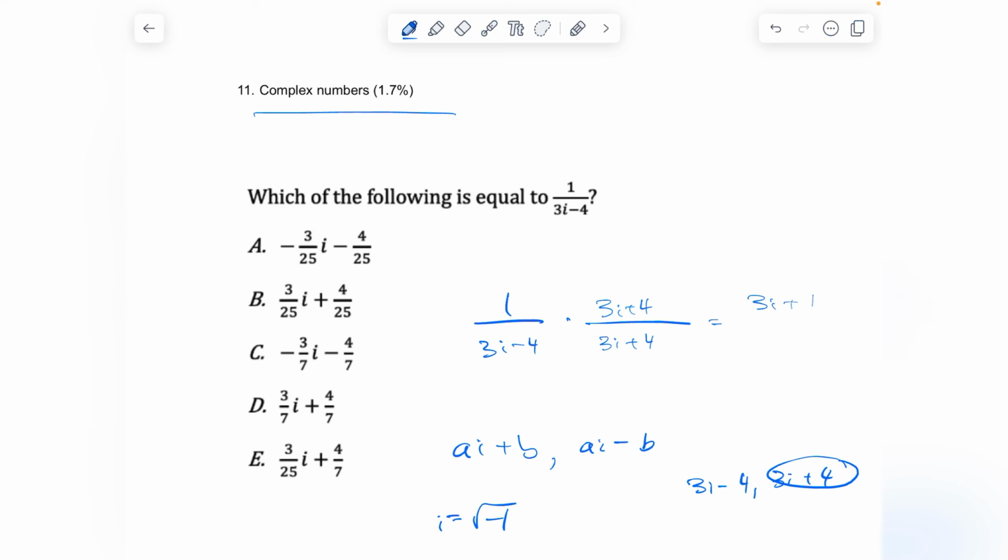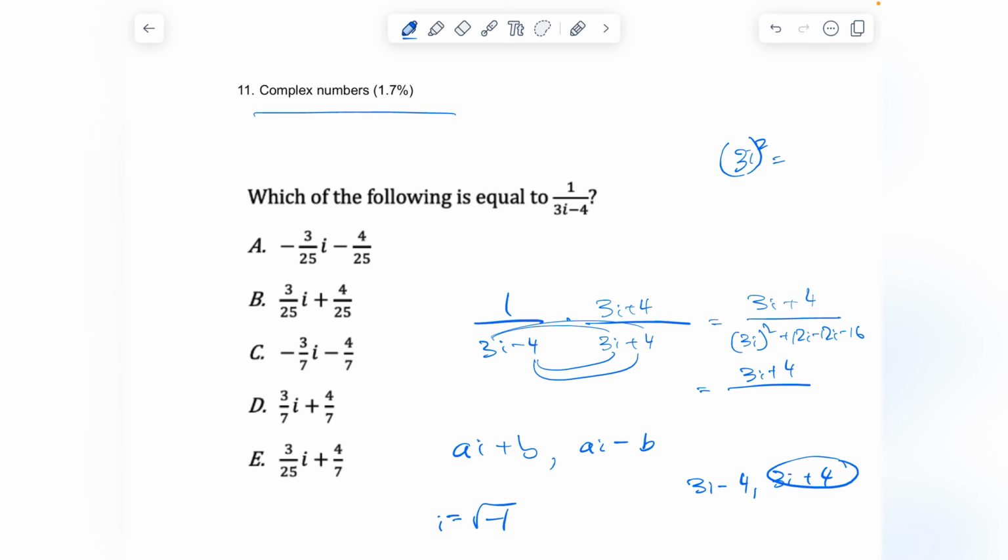End up with 3i plus 4 divided by, so 3i times 3i, 3i times 4, -4 times 3i, and -4 times +4. So that gives me 3i squared plus 12i minus 12i minus 16. 3i plus 4 over, so what's 3i squared?